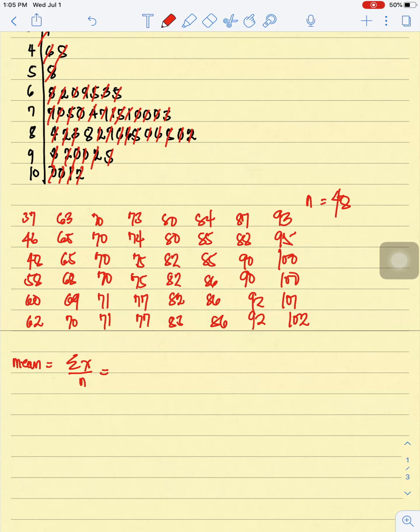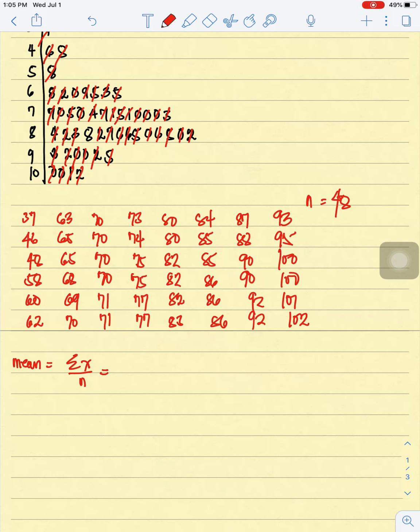You need to set it at mode stat, mode 3.1. Then you input all the values. Then press shift 1, then choose 4. Number 2 is the mean and number 4 is the standard deviation.